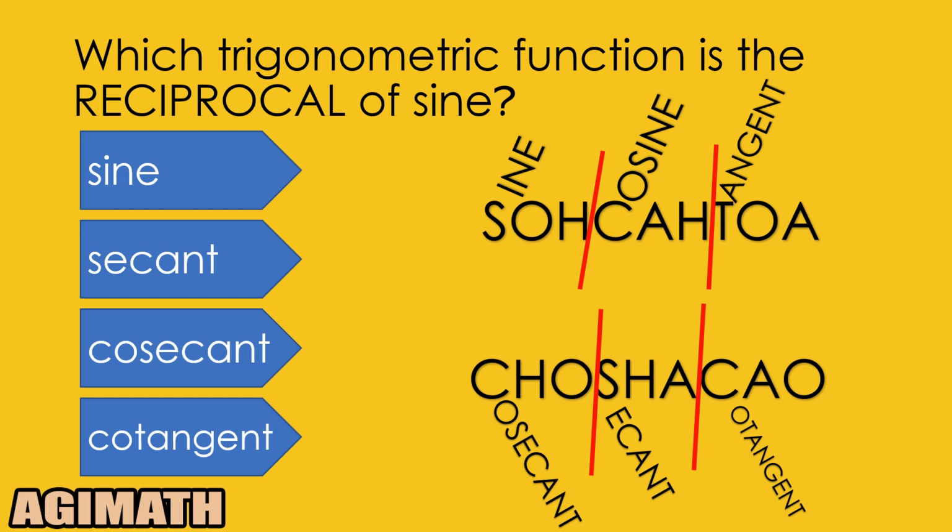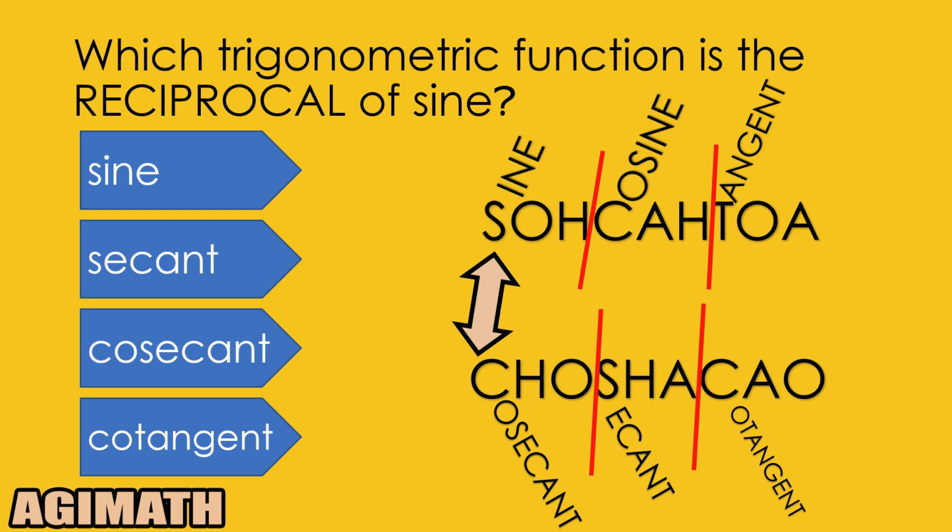It is being reversed, or reciprocated. For the sine ratio, the reciprocal or inverse of sine is cosecant. If sine is opposite over hypotenuse, cosecant is hypotenuse over opposite. So they are reciprocal ratios.